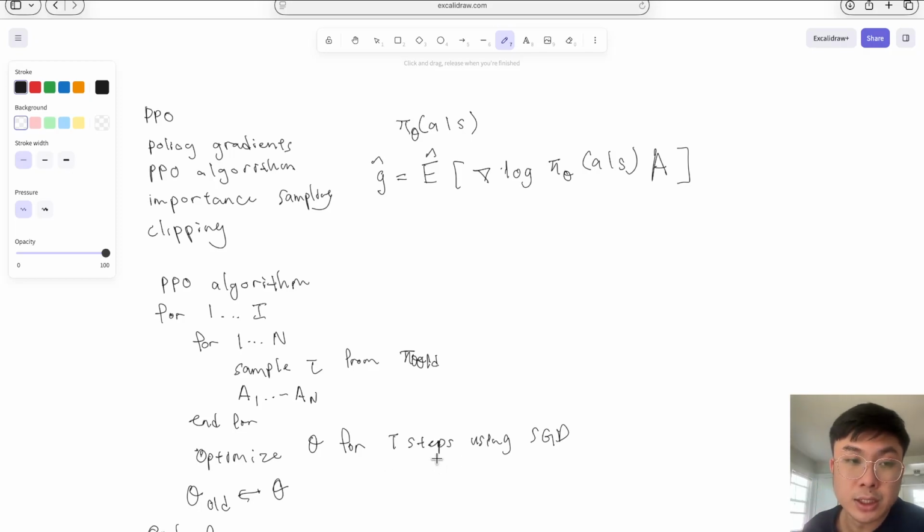The reason why we do this is that it is usually quite expensive to sample different trajectories, and therefore in order to make it a little bit more efficient, we optimize this for T steps.